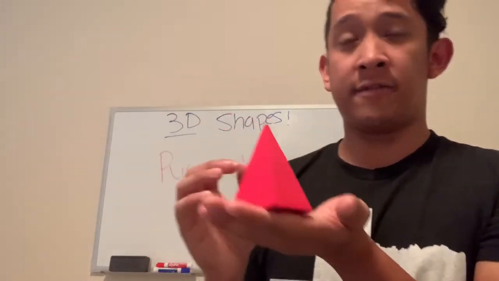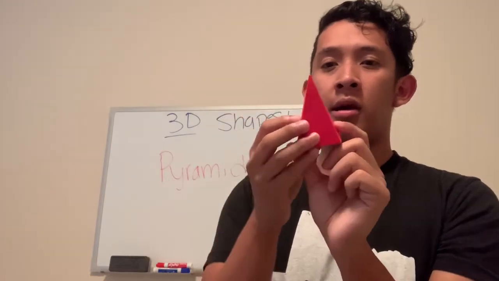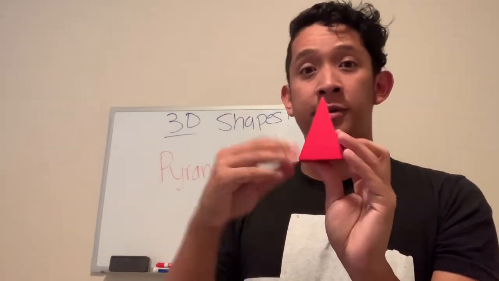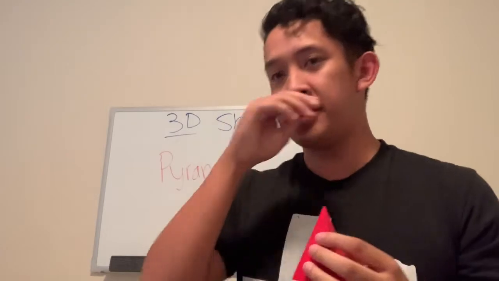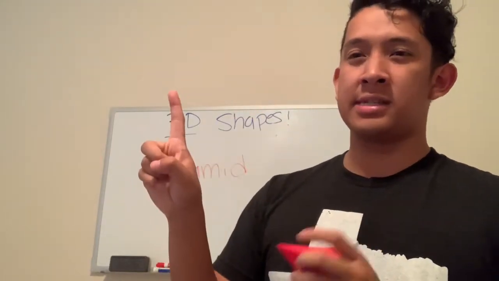There's actually many different types of pyramids. This one we're gonna call a square pyramid because at the bottom there's a square here, okay? You might also recognize the word pyramid from places like in Egypt where they have big pyramids. If you don't know what I'm talking about, it kind of looks like this. Hopefully one day you get to go see them.